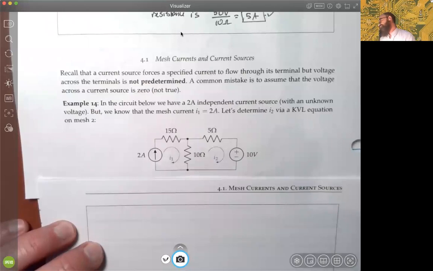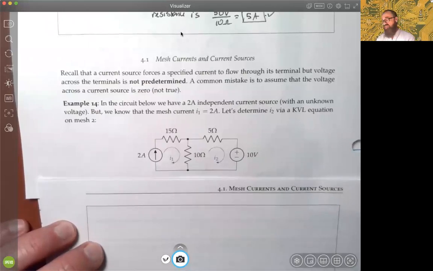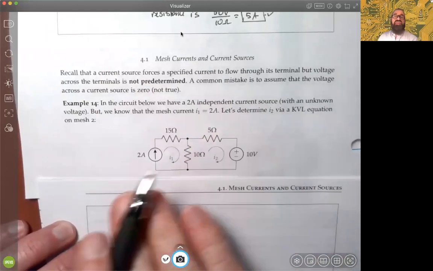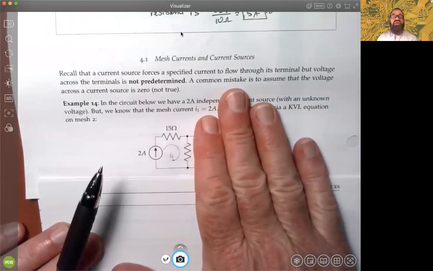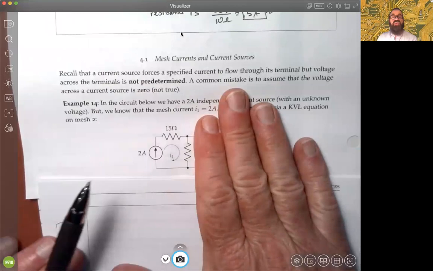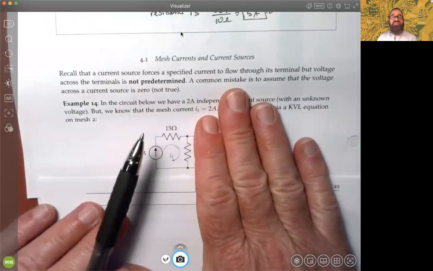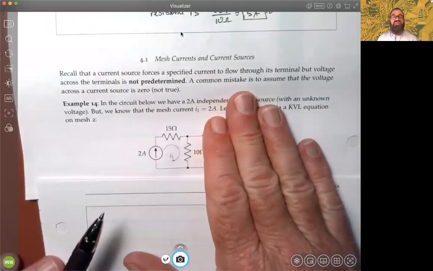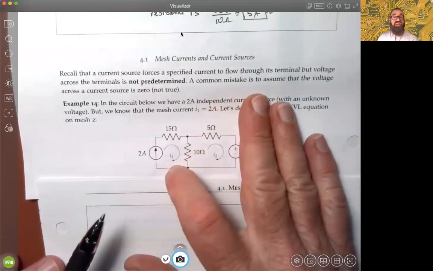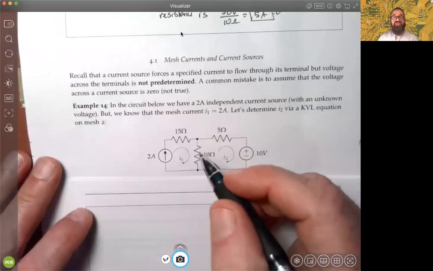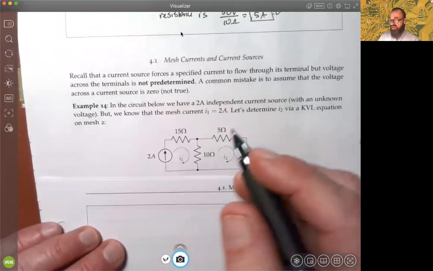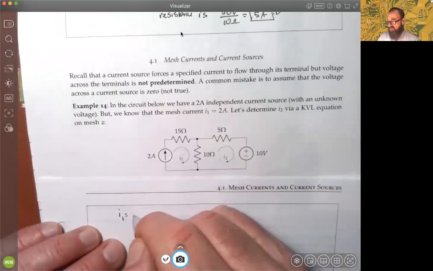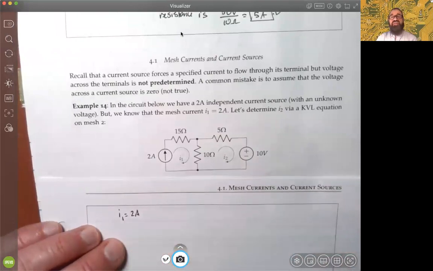So immediately, if we're just looking at this mesh completely independent of the other one, the current that's actually flowing in this series of two resistances of 15 ohms and 10 ohms is in fact 2 amps. If you have defined the mesh current, but you have a current source within that mesh, by definition, this is just 2 amps. It's as simple as that.